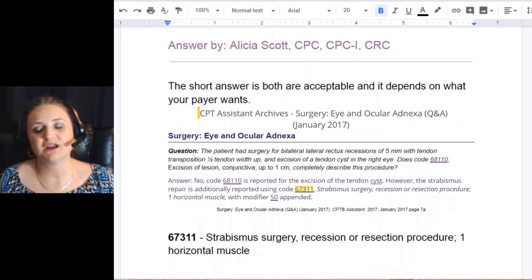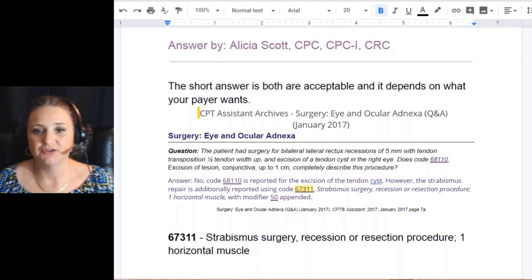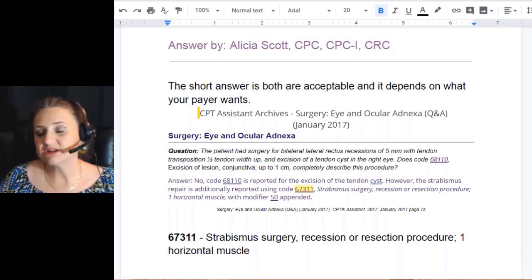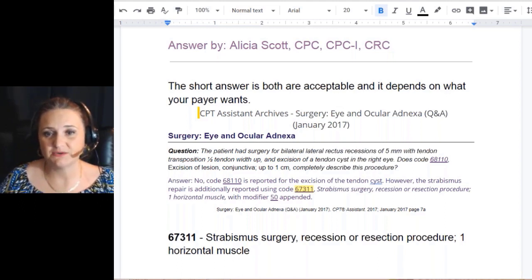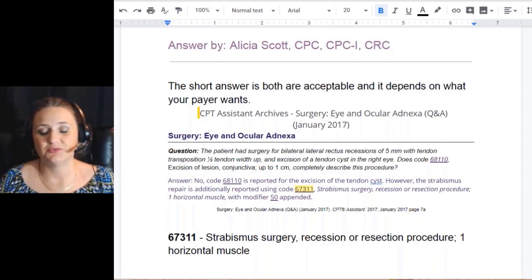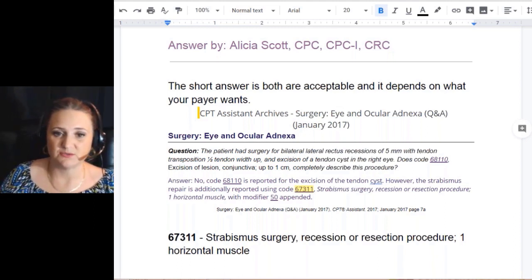For the most part, you're not going to see the code written twice with the modifier right and left. You're going to see the modifier 50, but it really depends on what your payer wants. It just depends. But for the most part, it's probably going to be the modifier 50. It's easier to put one code on there with that modifier than to repeat the code.